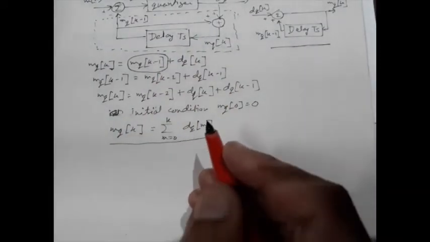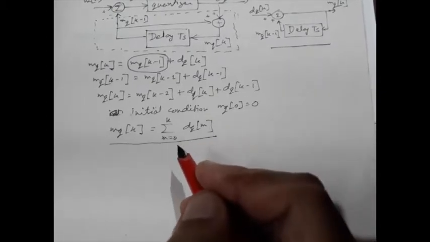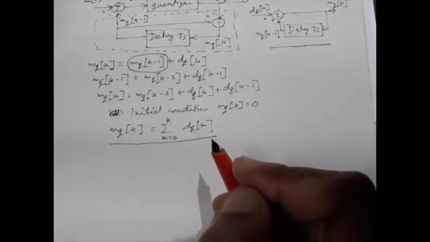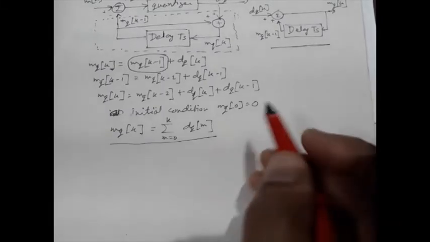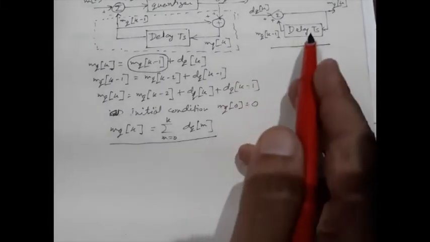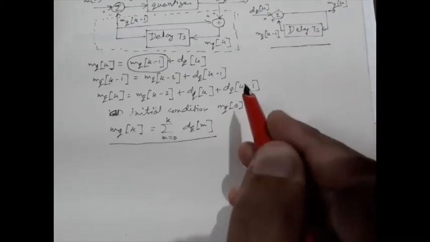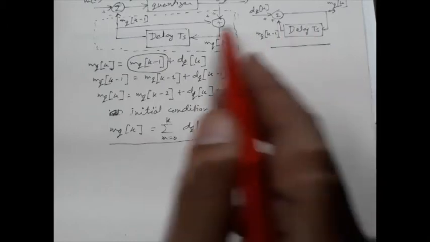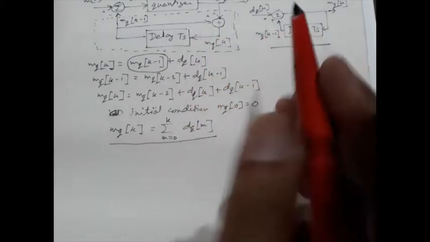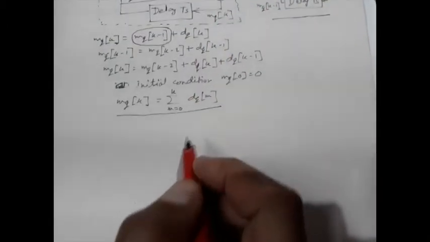The demodulator output will be mqk, which when passed through the low pass filter is the desired signal constructed from the quantized sample. So if we use this logic, we can modify these two circuits in this way.